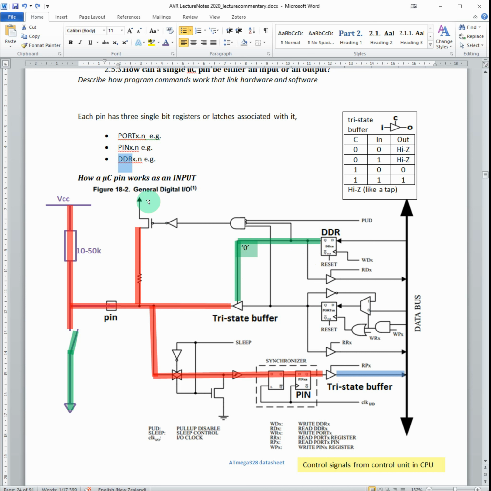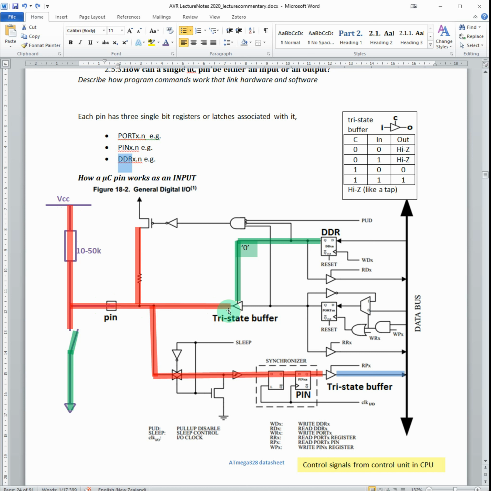So that's how I've shown it here. I've connected a pull-up resistor to VCC and a switch to ground. And you can see at the moment that the 5 volts, being VCC in this case, is high. And so we've got a high value on all this logic through here at the moment.